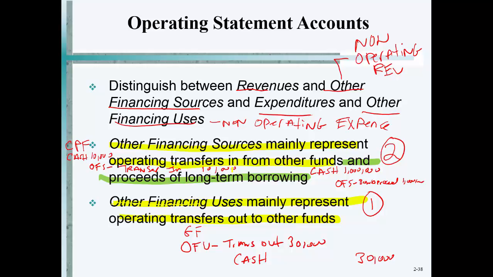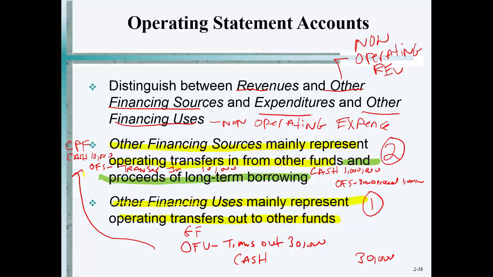We have the transfer in, which is one of my two other financing sources, the money coming into the capital project fund, right? And, of course, we've said bond proceeds is a transfer in as well. So we have these two items that are like non-operating items. We call them other financing sources, other financing uses. Other financing sources, there are two of them, transfers in and long-term debt proceeds.